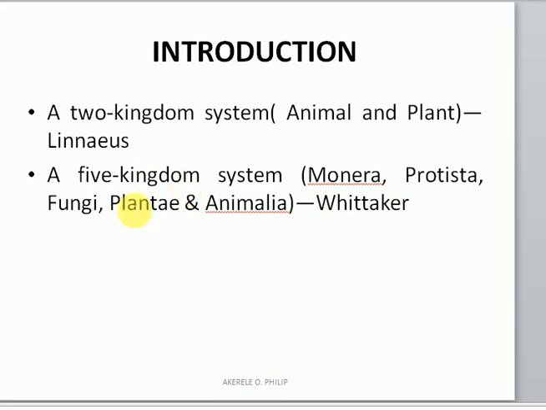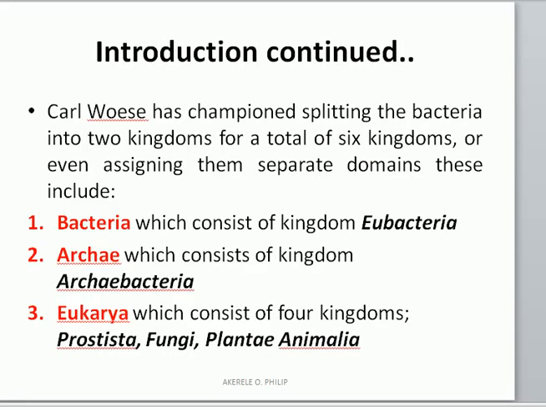But going a bit further, we found out that we have more than that. There is another man called Carl Woese, who championed the splitting of bacteria into 2 kingdoms for a total of 6 kingdoms.